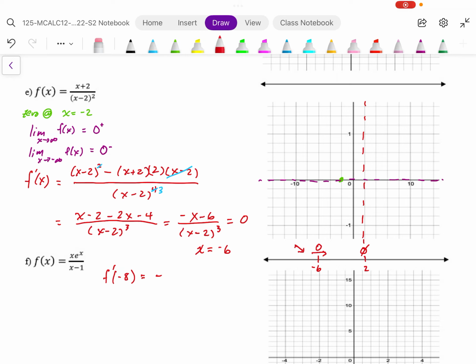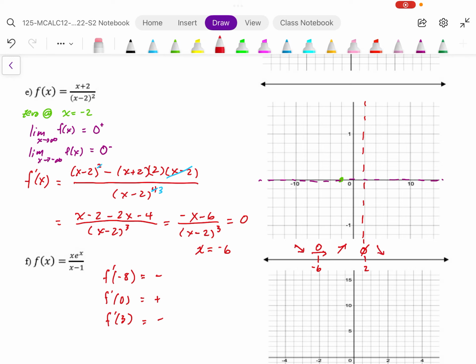I'm going to test my slope at x equals 0. I'm going to end up with negative in the numerator, negative in the denominator, which is positive slope. And on the other side of 2, I'm going to test my slope at x equals 3. I'm going to end up with negative in the numerator and positive in the denominator, so it's going down.